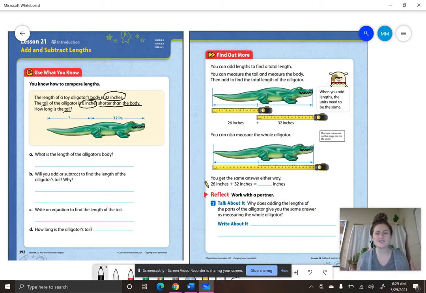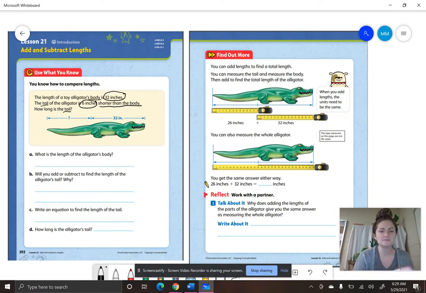All right, so let's look at our picture because pictures can help us visualize or see what we're working with. So the body of the alligator is 32 inches. It says the tail is 6 inches shorter than the body. How long is the tail?